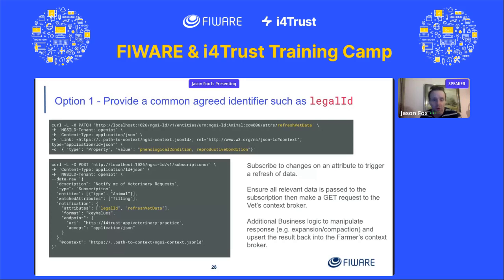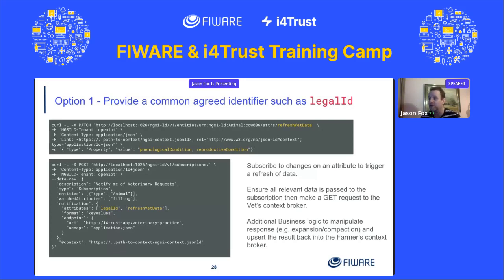So what I'm saying here is when the reproductive condition of the animal has changed in the vet's data, it should raise a subscription, and it should give me back the legal ID of the animal, and it should also say what's the necessary URL or whatever to be able to refresh my vet data.